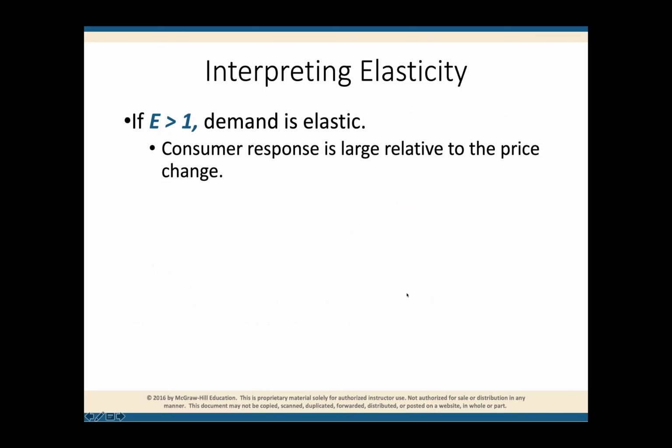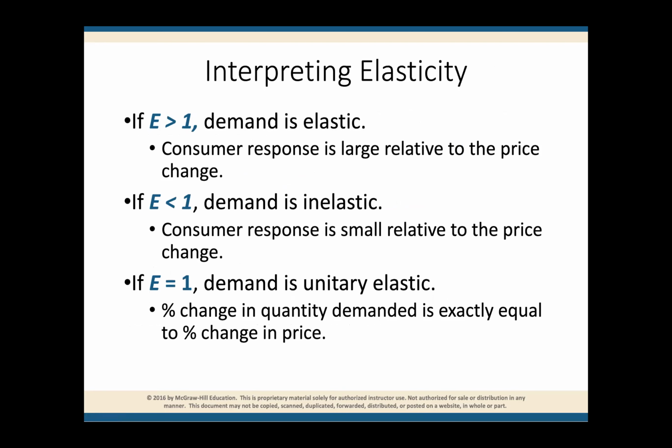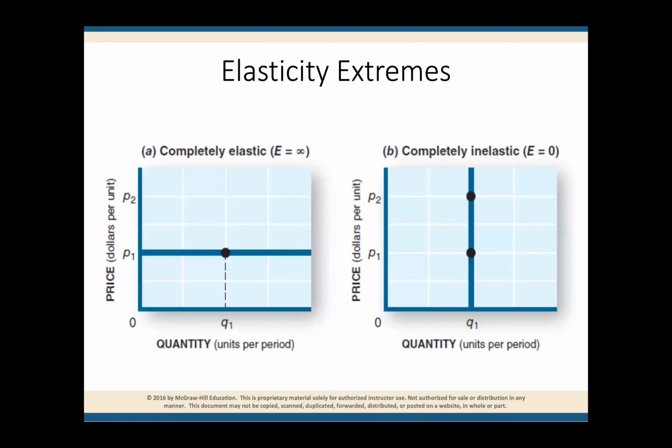So there are different types of elasticities, right? If the value is greater than 1, then it's elastic. If it's less than 1, it's inelastic. And if it equals 1, it's unit elastic. Then I told you there are 2 types of special elasticity: the perfectly inelastic or completely inelastic, and completely elastic or perfectly elastic.